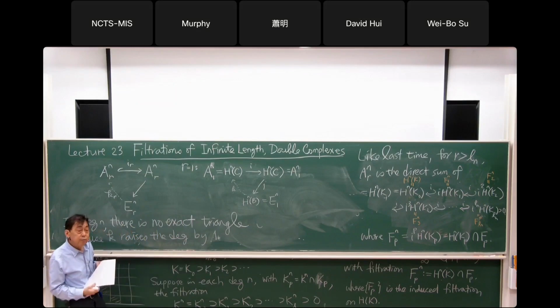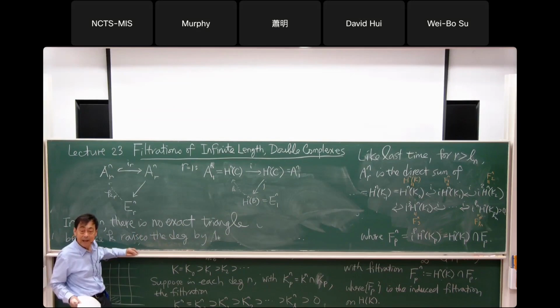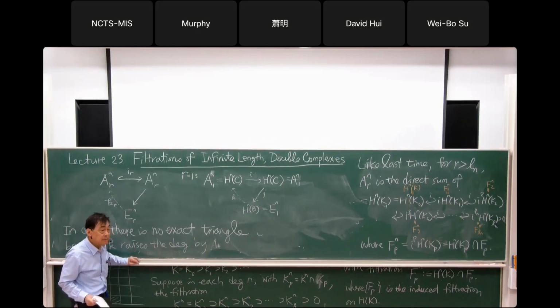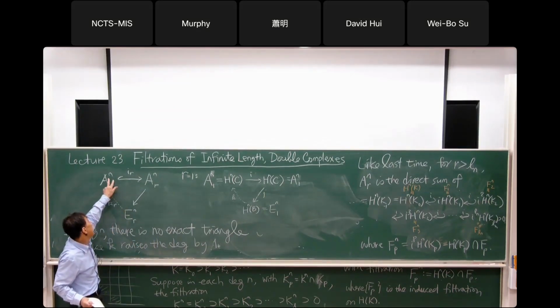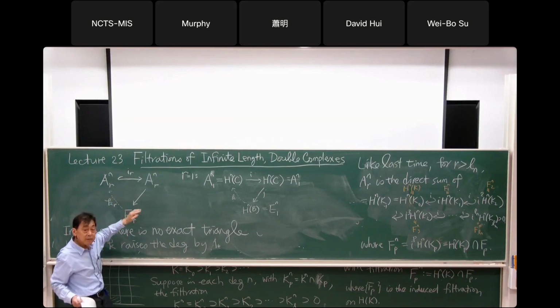So this is where the proof is different from last time. Last time, you did not restrict to a single degree, so you get an exact triangle.